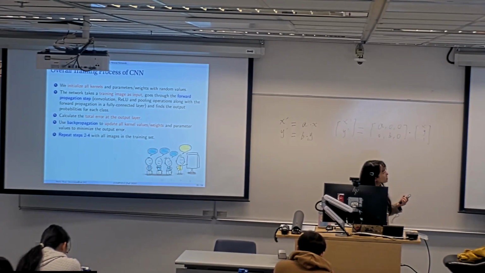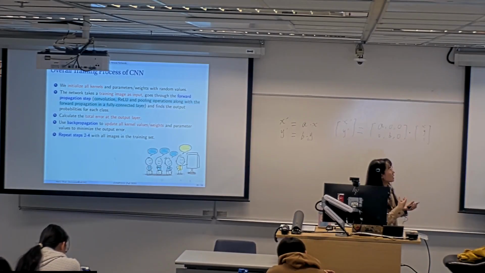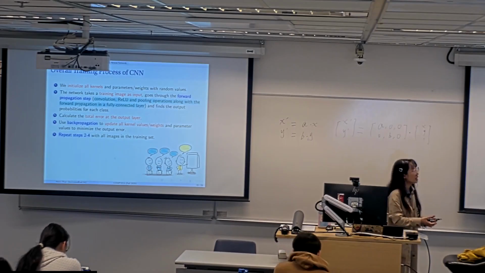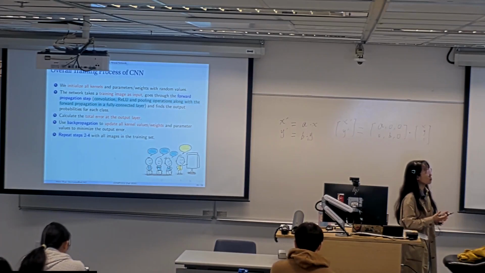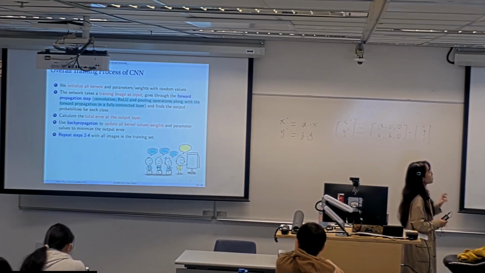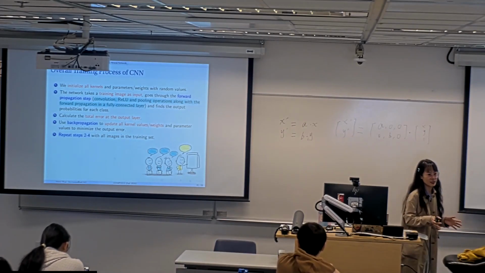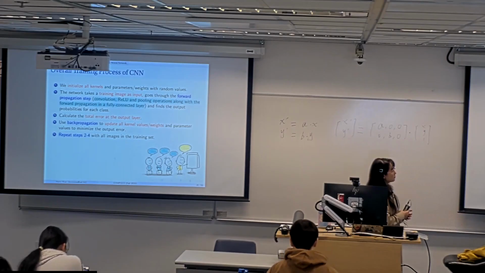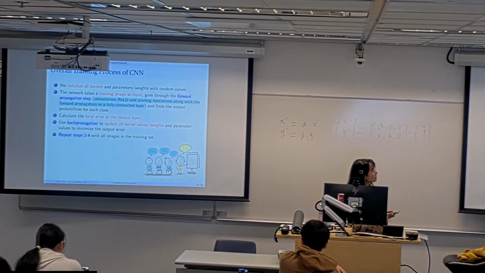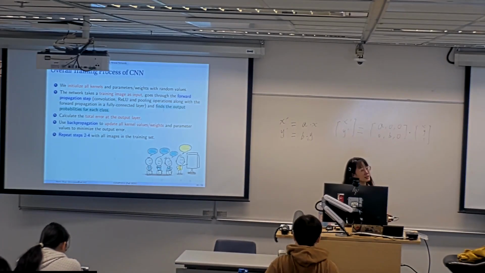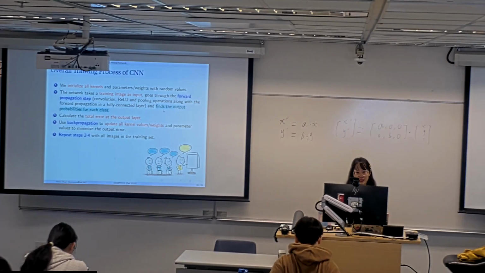Forward propagation means that it needs to finish the image convolution, then the ReLU activation function, then pooling operations, along with the forward propagation in the fully connected layers. After this forward propagation, it will find the output probabilities for each class. That's the final output at the output layer.